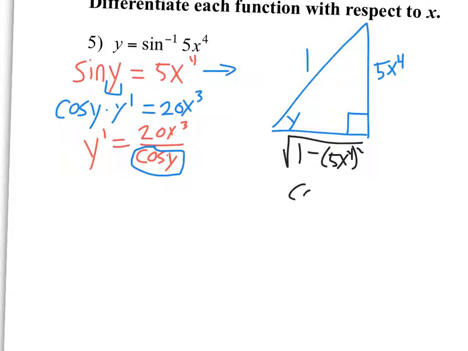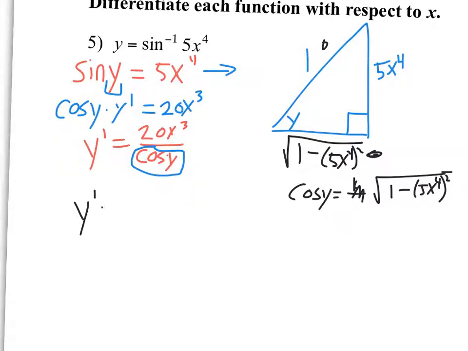Okay, so cosine of y then becomes, sorry, I was doing this upside down, adjacent, that's this guy, divided by the hypotenuse. So that's just the square root of 1 minus the quantity 5x to the fourth squared.